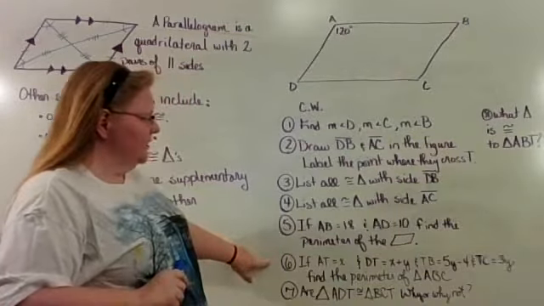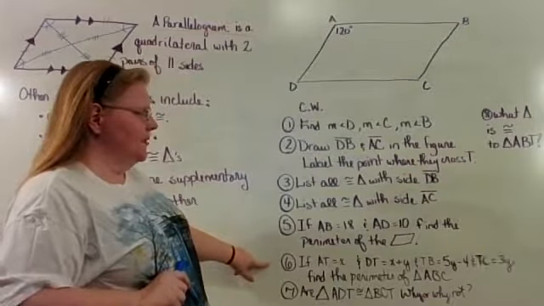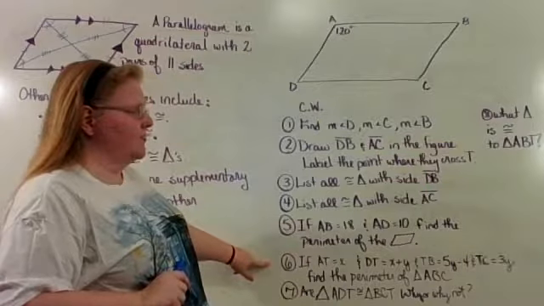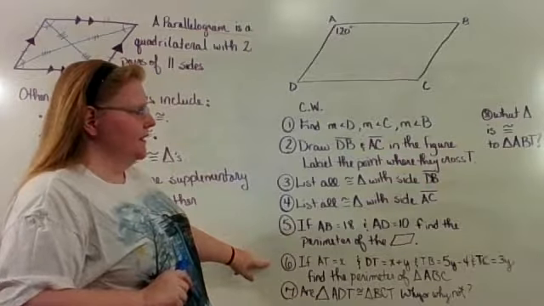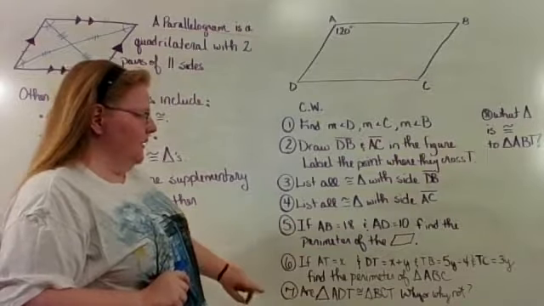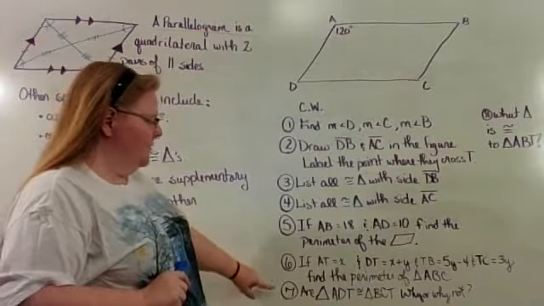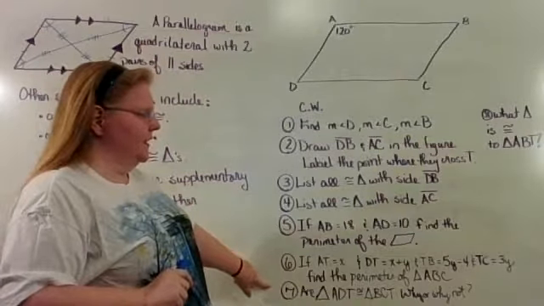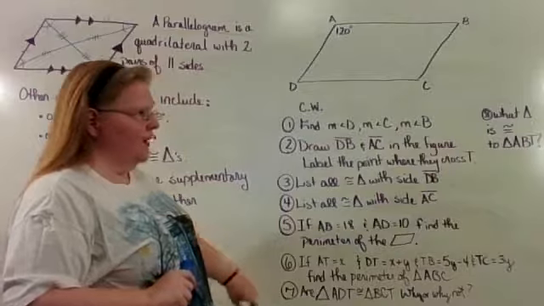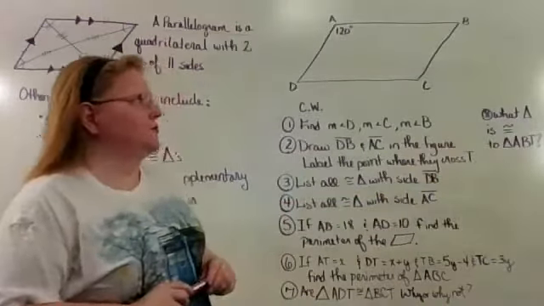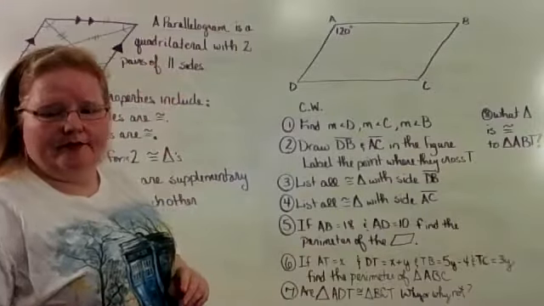If AT equals X, DT equals X plus Y, TB equals 5Y minus 4, and TC equals 3Y, find the perimeter of triangle ABC. Are triangles ADT and BCT congruent, why or why not? And then number 8 is what triangle is congruent to triangle ABT?